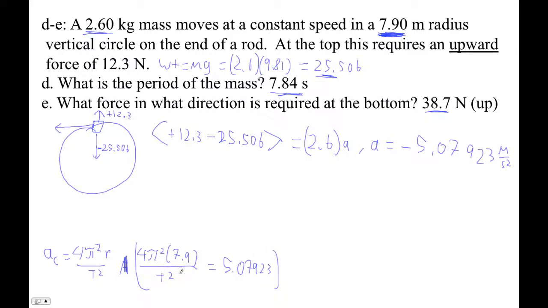We know what the acceleration is; we're just solving for T. It's going to be 2 times pi times the square root of r over a. So 7.9 divided by the acceleration.